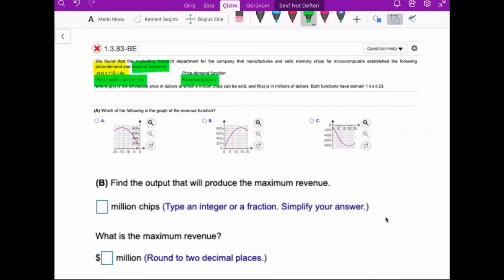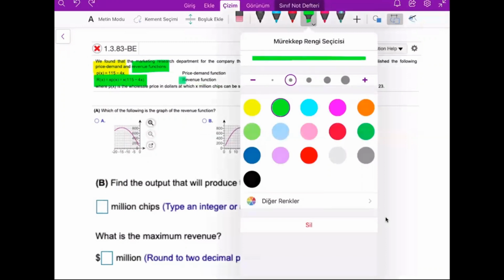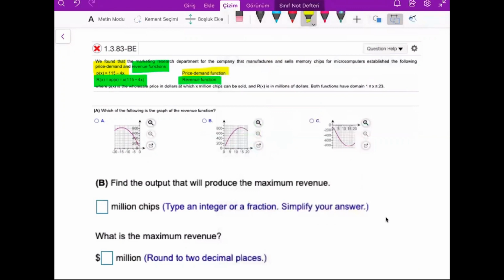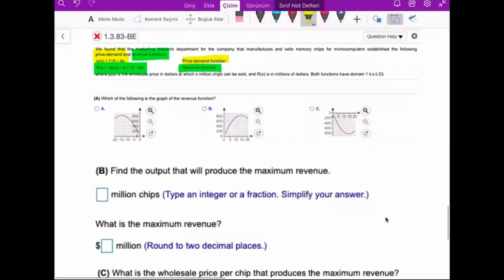Sorry, I saw now. I'm sorry. Okay, so according to these two given functions, let's try to respond to the question, where P of X is the wholesale price in dollars at which X million chips can be sold, and R of X is in millions of dollars.